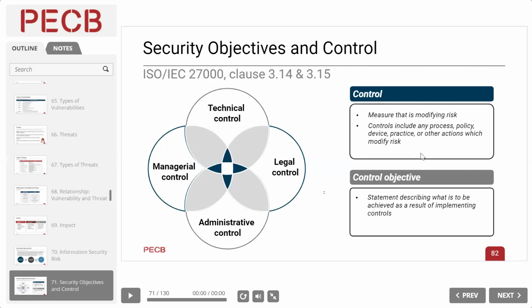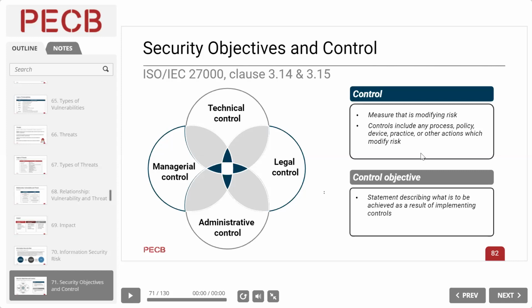Most people do not separate managerial controls from administrative. Okay. Administrative controls are process-oriented controls, things that we need to do as part of an admin process. So for example, filling in an attendance sheet is an administrative process, an administrative control.